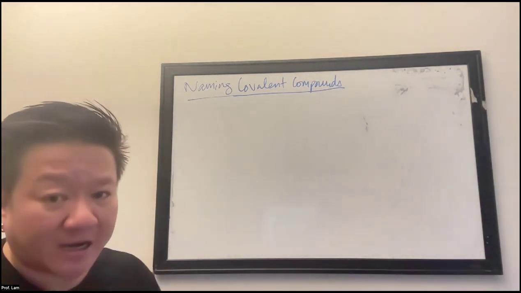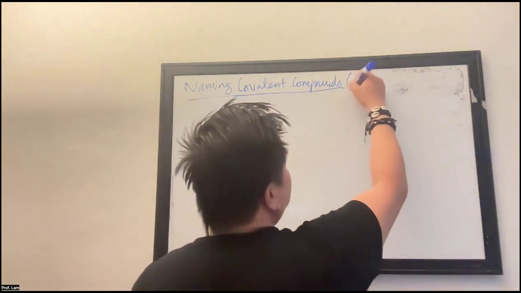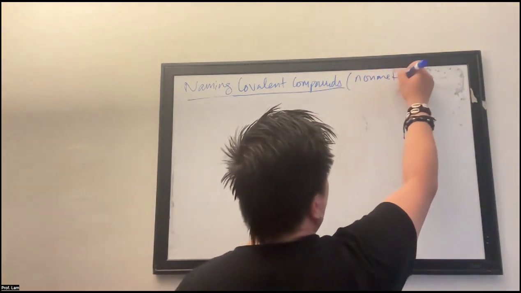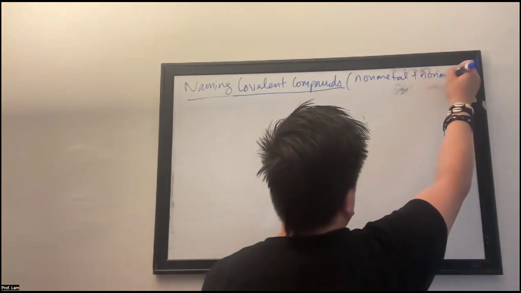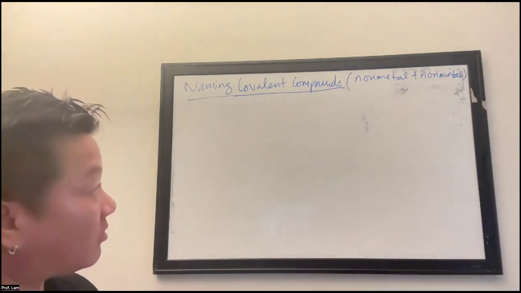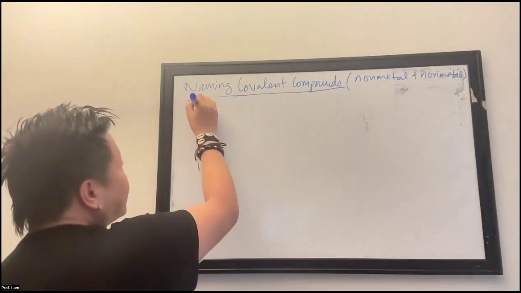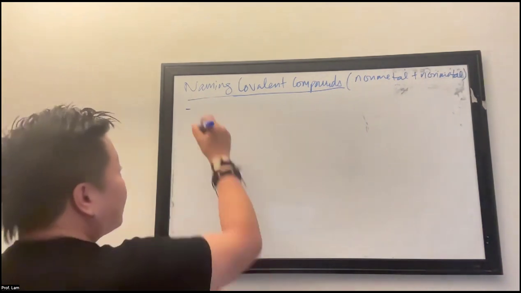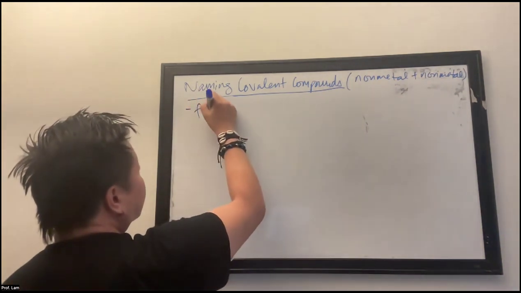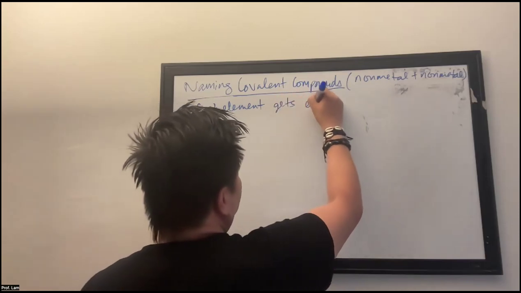So first we got to know how to spot covalent compounds. It's pretty easy. It's going to be non-metal and non-metal. Unlike ionic, which is metal, non-metal, covalent is non-metal, non-metal. So let's go straight to the rules. The first element gets the element name.